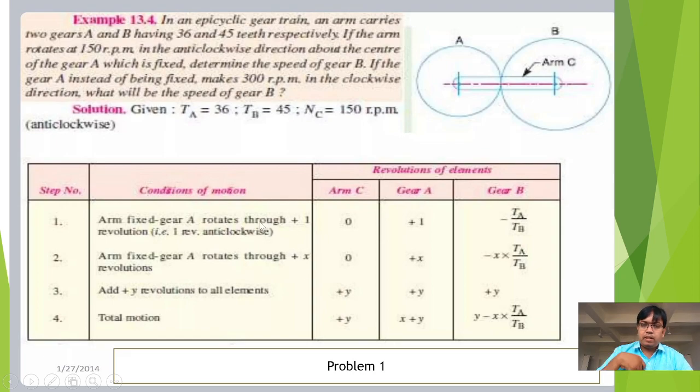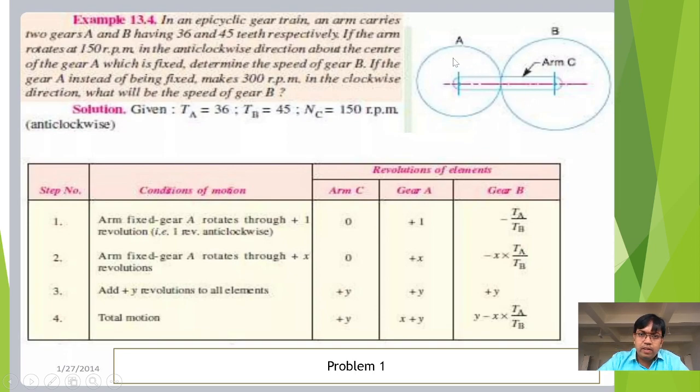When it comes to the tabular column method, in the first column we write the serial number, in the second column we write the condition that we are going to assume, and the third column represents the revolutions of each element in the given gear train combination. The epicyclic gear train here has three elements: gear A, gear B, and arm C. To write this table, you first have to fix any one of these three elements.